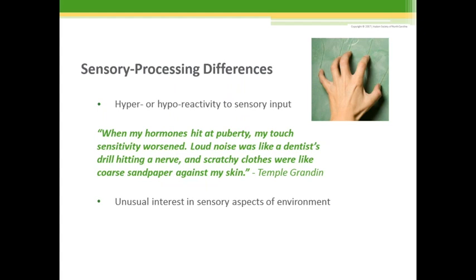As an example, for some with autism, they might be hypersensitive to certain sounds or certain visual input, the way that the lighting is in a room, or certain textures might be very, very difficult for that individual to tolerate. As one classic example, an individual with autism may struggle to tolerate the tags in his or her shirt, and so all the tags need to be removed in order for the individual to tolerate and wear a shirt.